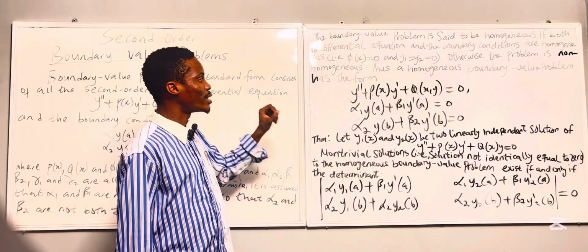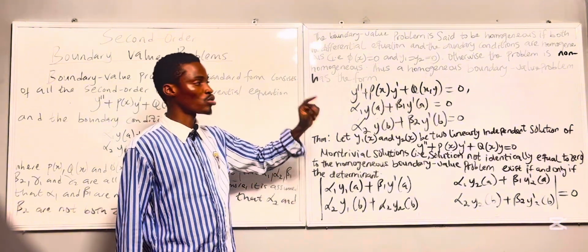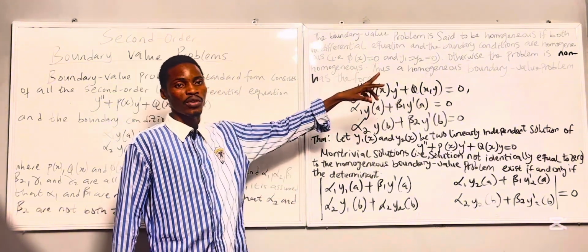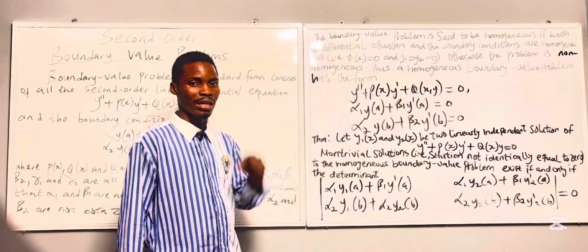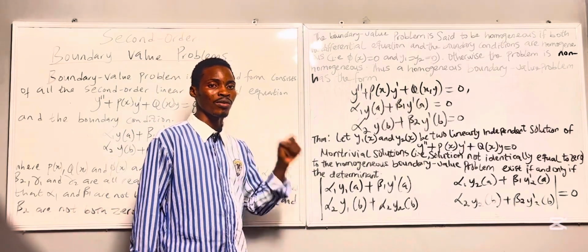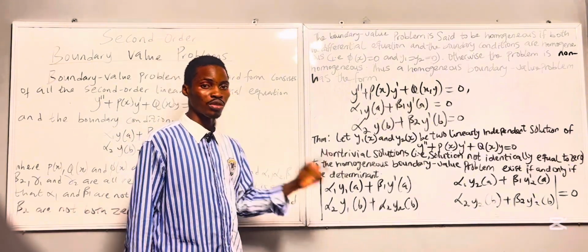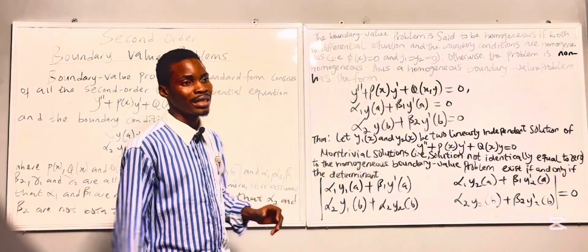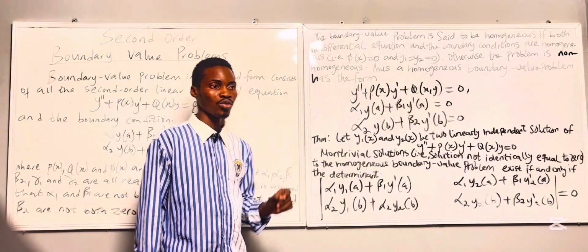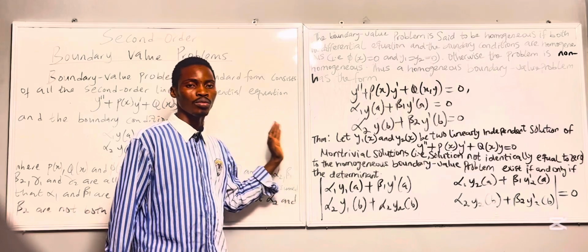If it is not equal to 0, the only solution is 0, that is the trivial solution, for the homogeneous problem.